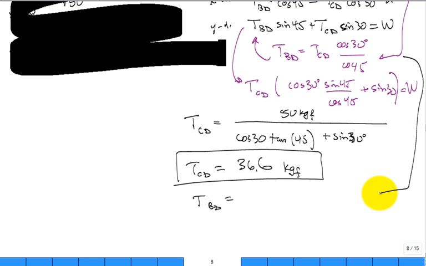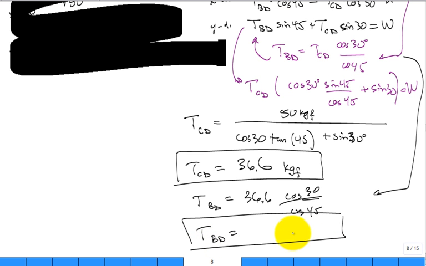I know I've got a lot of arrows, but it's 36.6 times the cosine of 30 divided by the cosine of 45. And the tension B to D is 44.8 kgf. Somebody says, I really want to work in newtons. Multiply everything by 9.81. Call it a newton. I mean, at this point, it's either way, right?